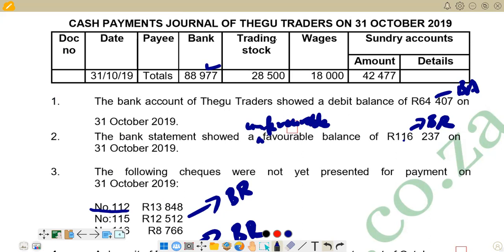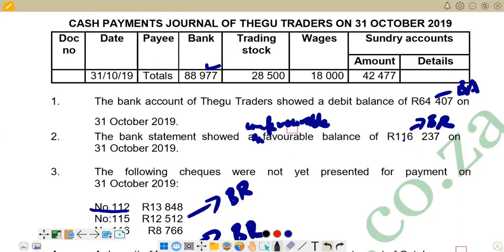Bank statement showed an unfavorable balance of 116,237 on 31 October 2019. So if it's unfavorable, you know that on the bank reconciliation, it will be on the debit side.